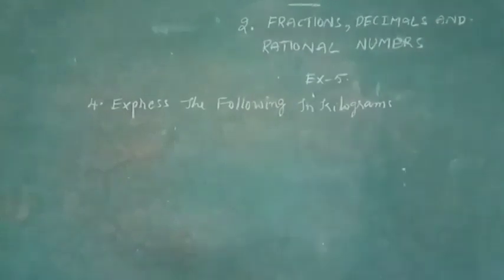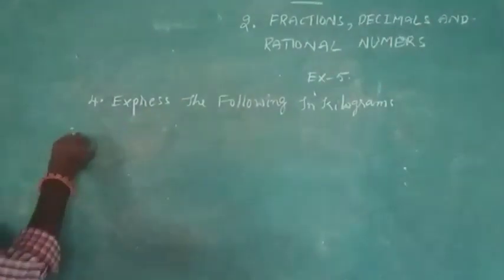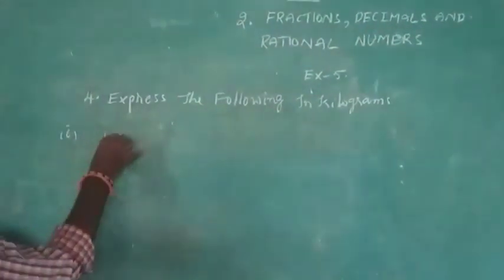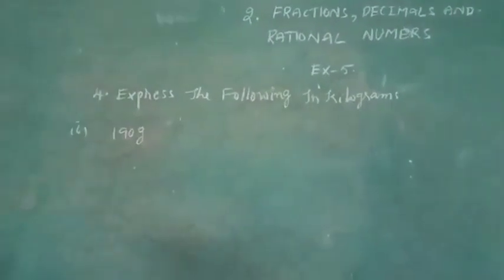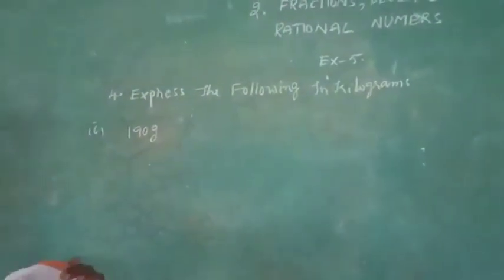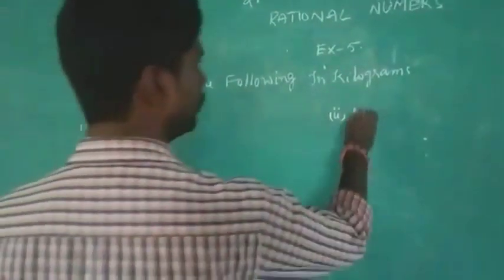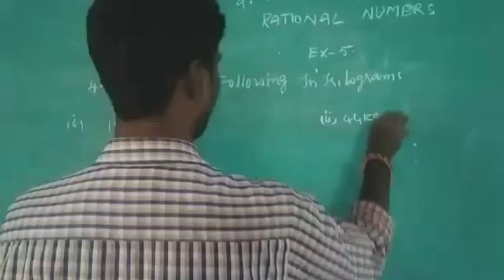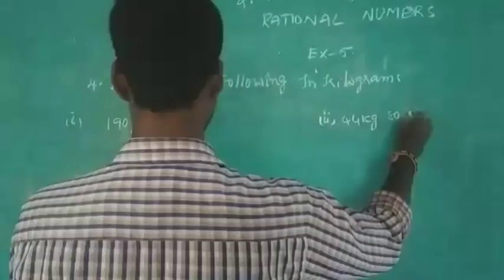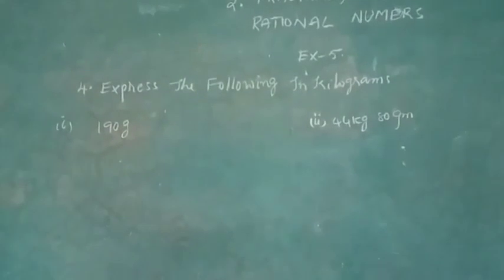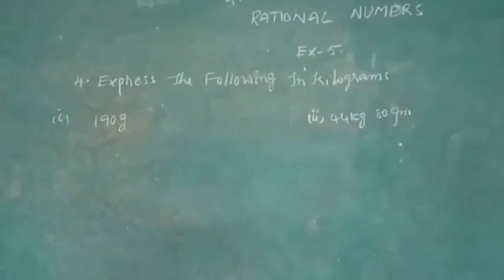See here, the first one I would like to explain is 190 grams. Then the second one: 44 kilograms, 80 grams. This total you need to make as kilograms.